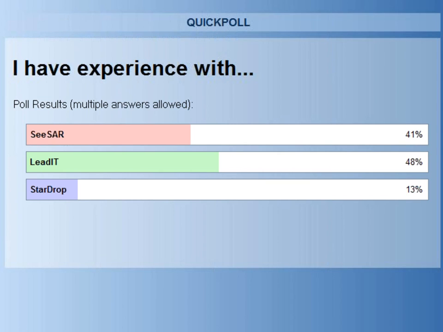LeadIt, okay, it's quite a mature program with lots of modules in there, and StarDrop 13%. Obviously we used our email contacts, our Facebook groups, etc., to propel the information about this webinar, and it seems like we've done right to collect an orthogonal group of interested people. So Matt, I'm pretty happy. Seems like you told people a lot of good news so far.